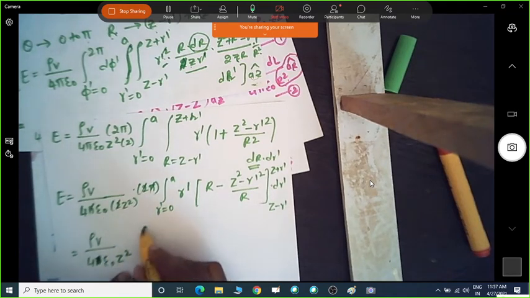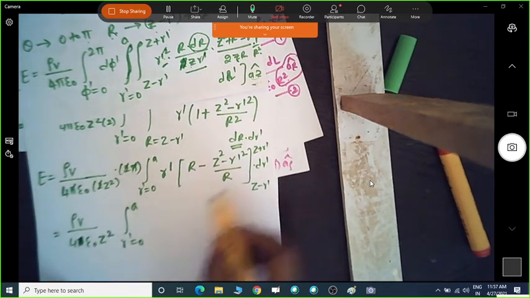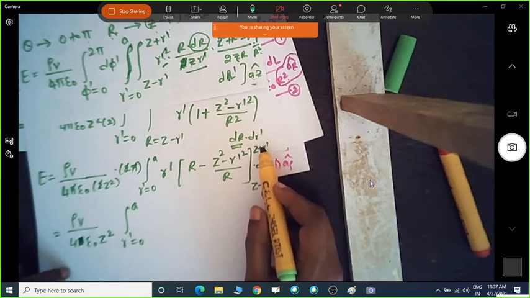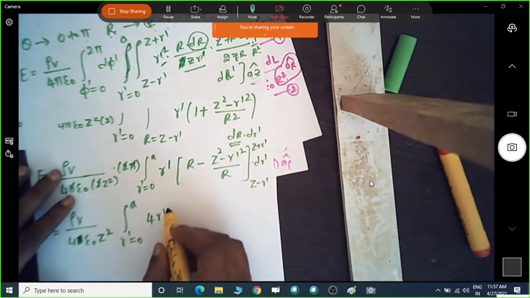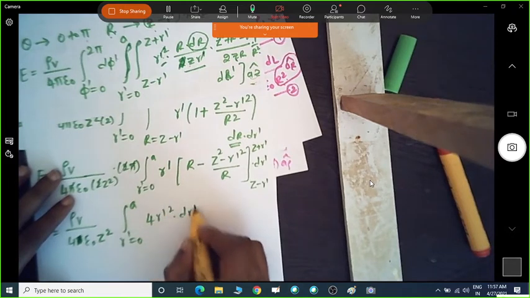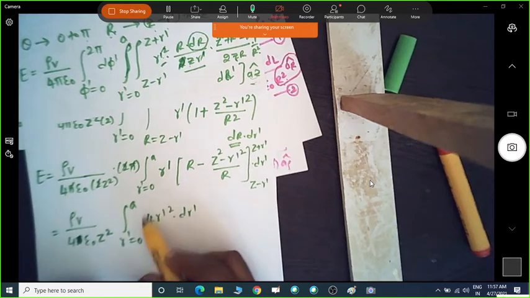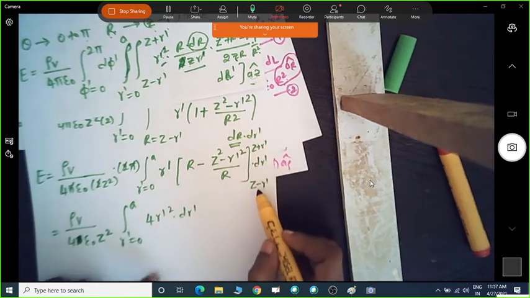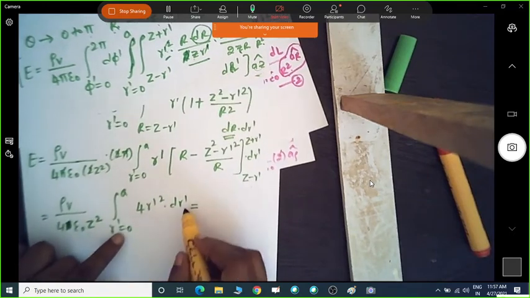Now we have r dash from 0 to a. If I substitute the limits z minus r dash to z plus r dash, we end up with the equation 4r dash square into dr dash. Now we can integrate one more time with respect to r dash.